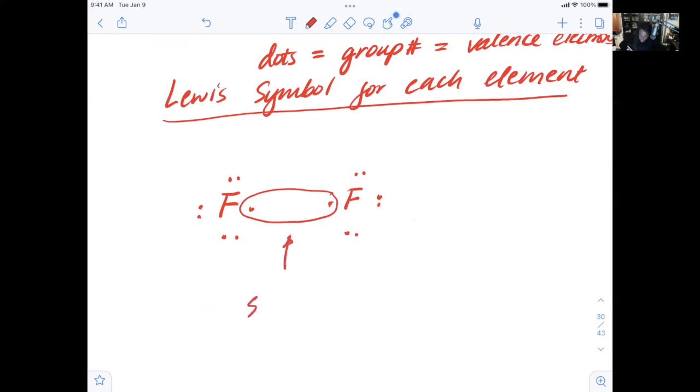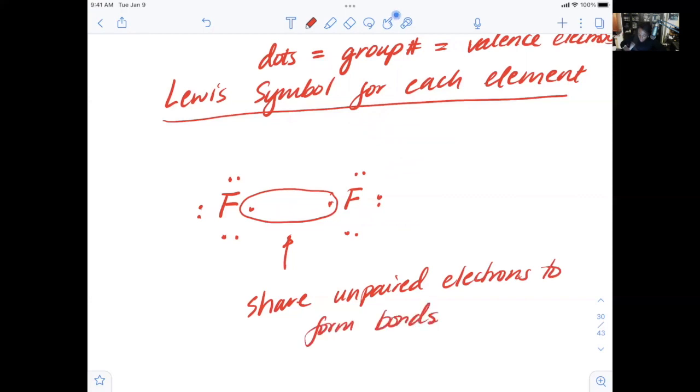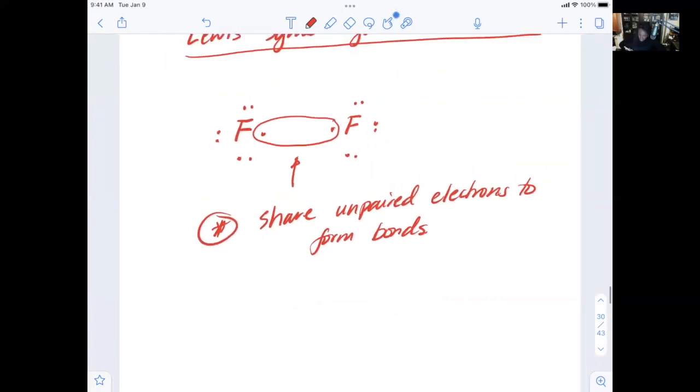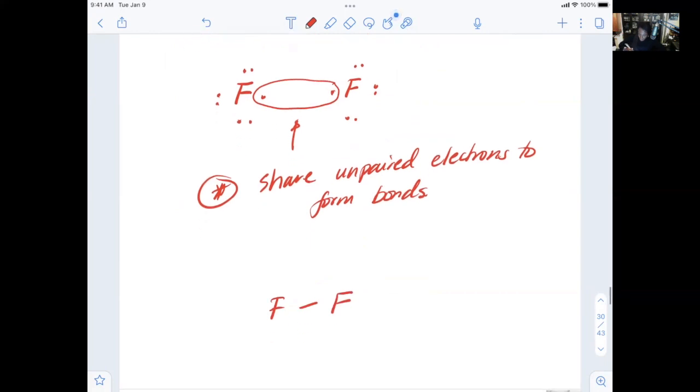So we see right here, share unpaired electrons to form bonds. That's their plan for combination. Each fluorine combines, and this line now represents the shared electrons.